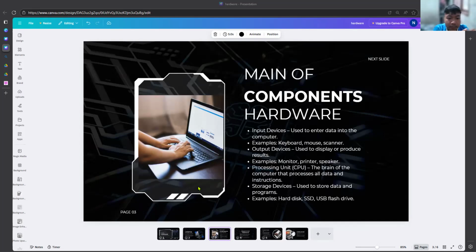Main components. Hardware is divided into several main components. Input devices such as the keyboard and mouse help us enter data into the computer. Output devices such as the monitor and printer show or produce the results. The processing unit or the CPU acts as the brain of the computer.